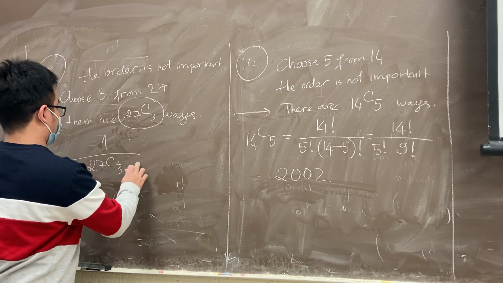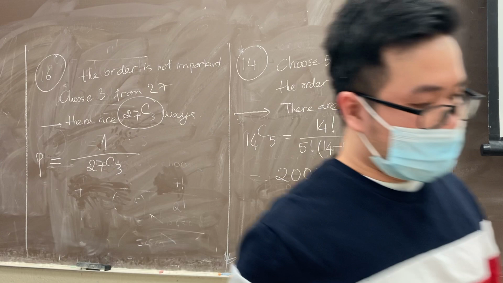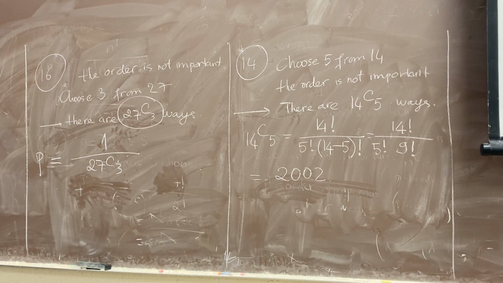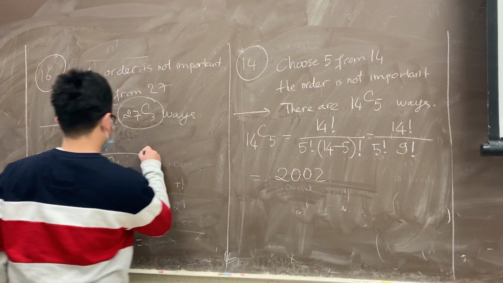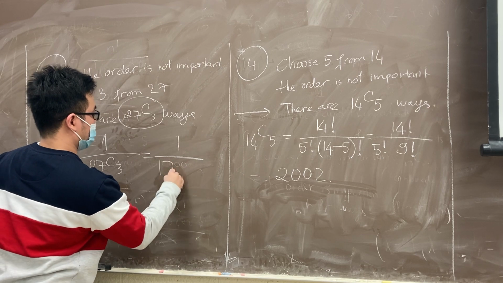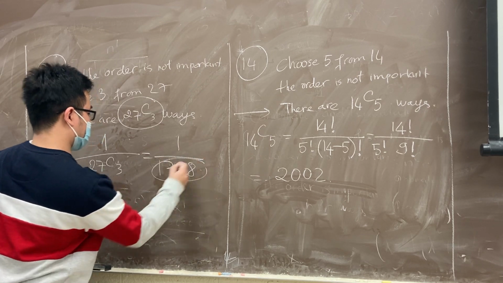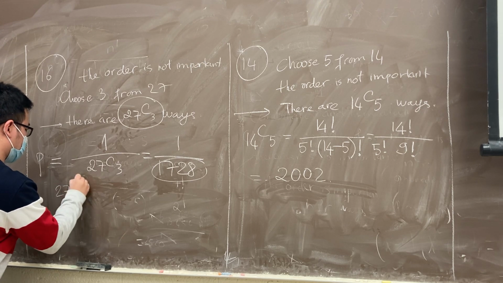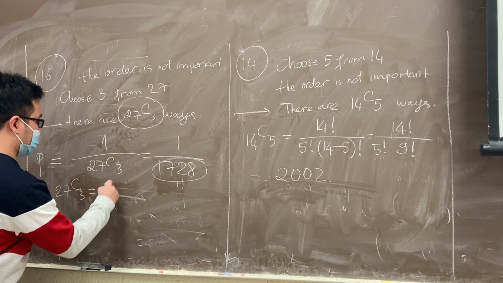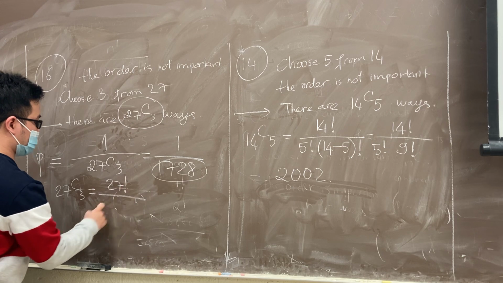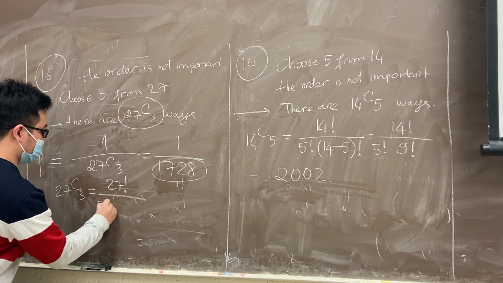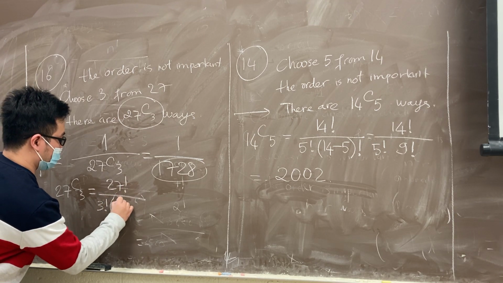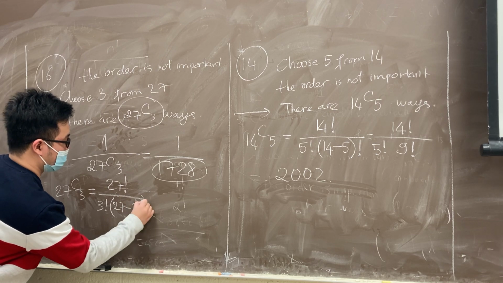Okay, so now I will give you the answer. This number should be 1 over this number. How to get this number? You need to calculate this number here. This number here is 27 factorial over 3 factorial times (27 minus 3) factorial.